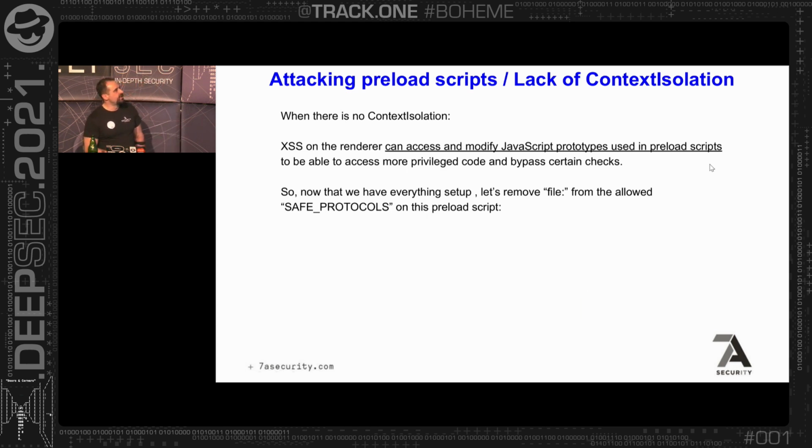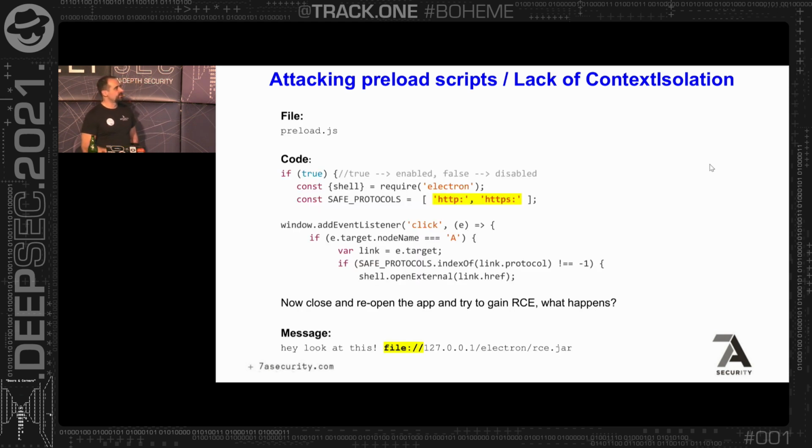But basically, in the preload script, there's a safe protocols array defined. So this is the safe protocols array, and it defines HTTP and HTTPS protocols to be safe, which they are. And then here we have an event handler for clicks. So if there's a click and the node is an A, so href, right? So any HTML link.